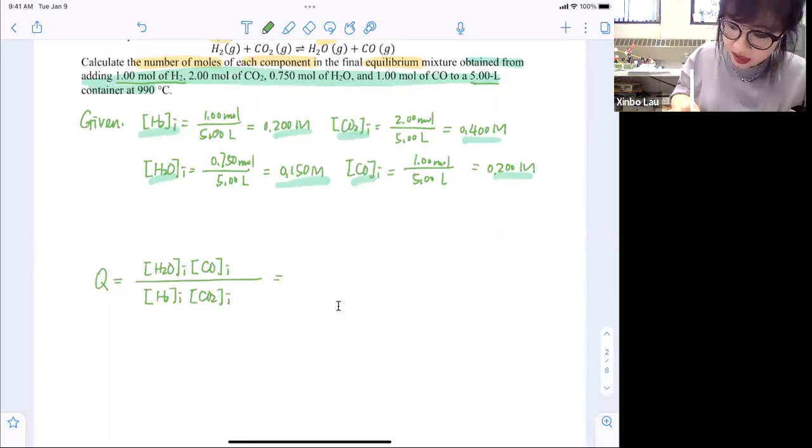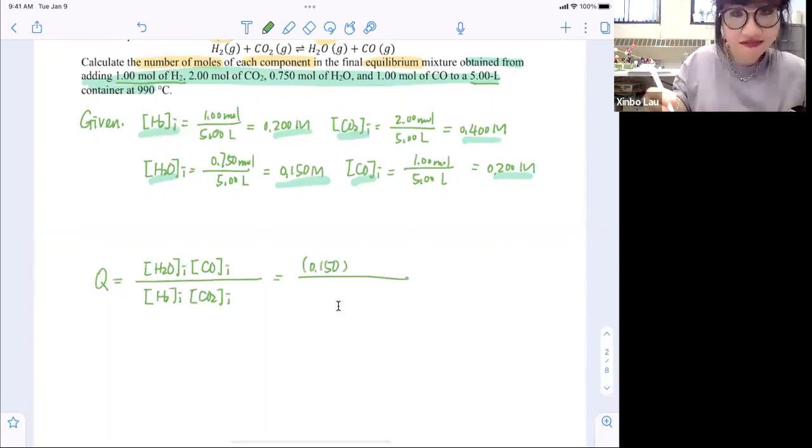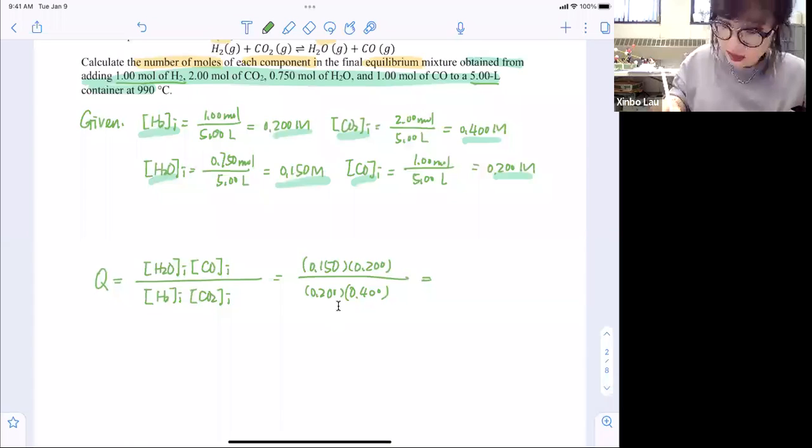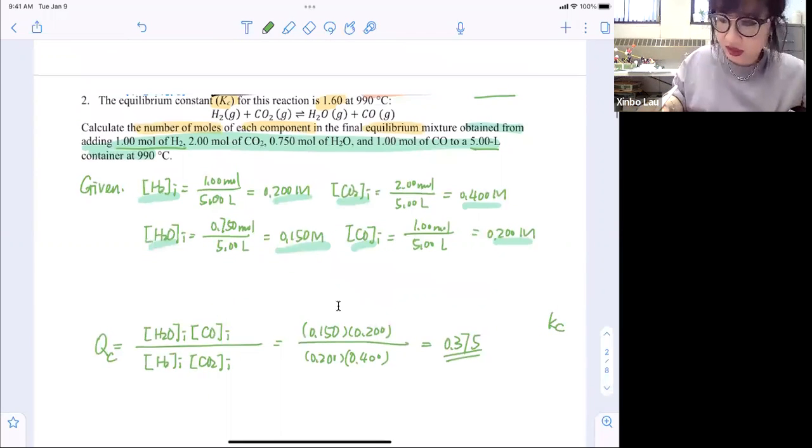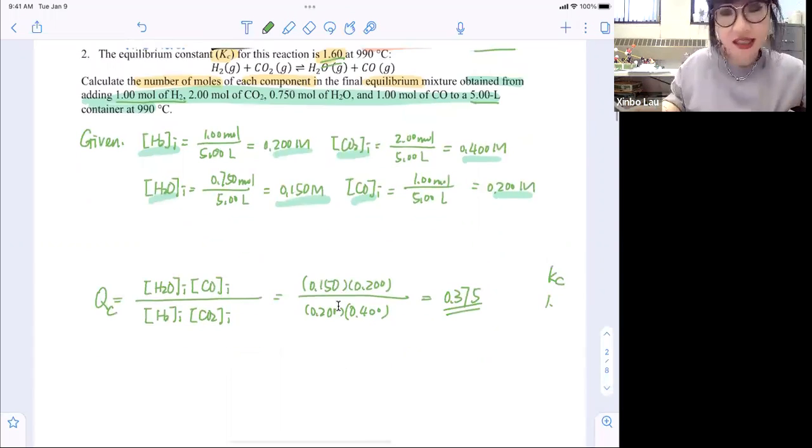Plug in what we just calculated: 0.15 times 0.2 divided by 0.2 times 0.4. As I calculate, I got 0.375. We're supposed to use this number to compare to KC. KC is given from the question, which is 1.60.